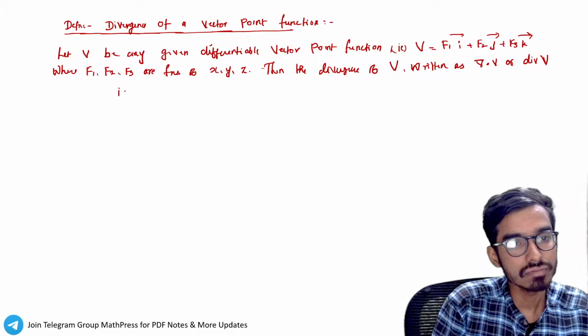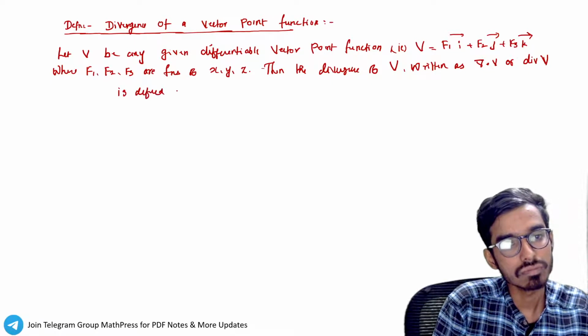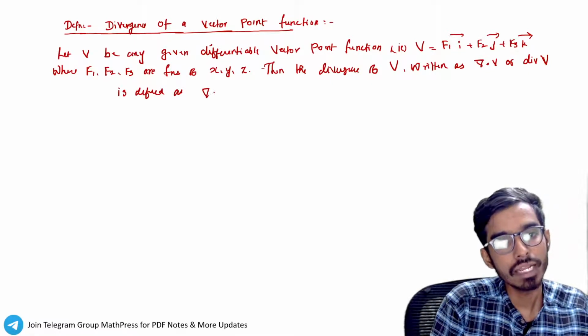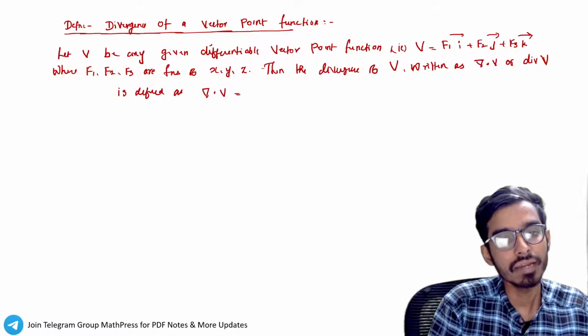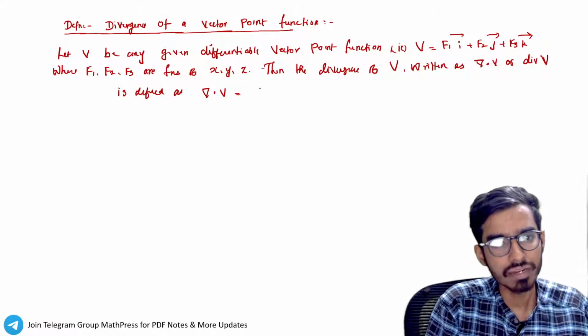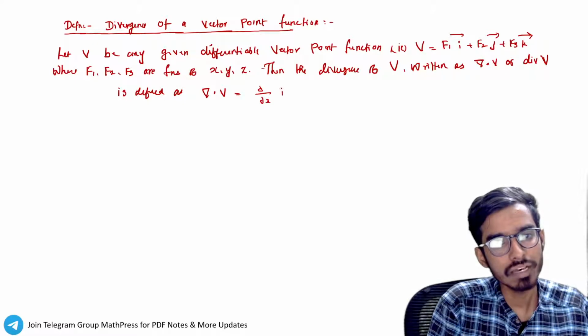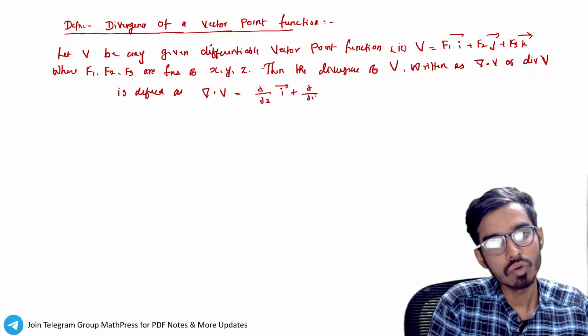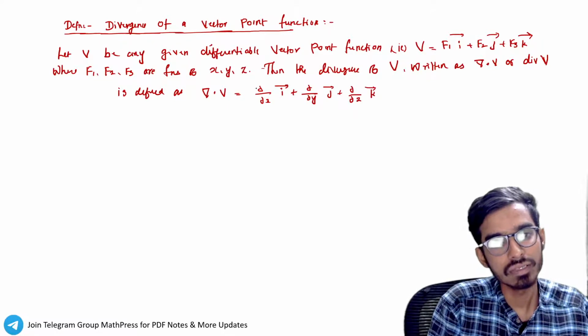It is defined as del dot v, where del is the gradient operator: dou by dou x of i vector, dou by dou y of j vector, dou by dou z of k vector, dot v.